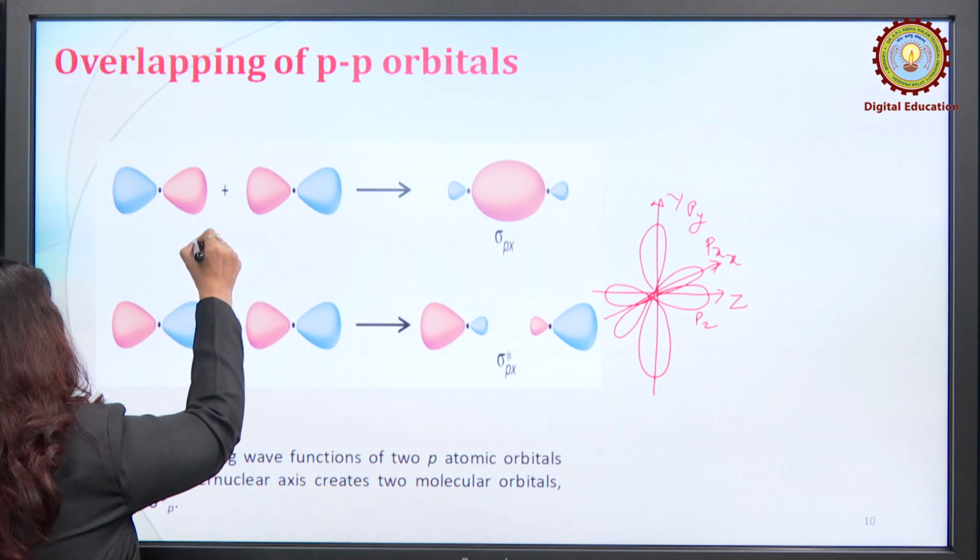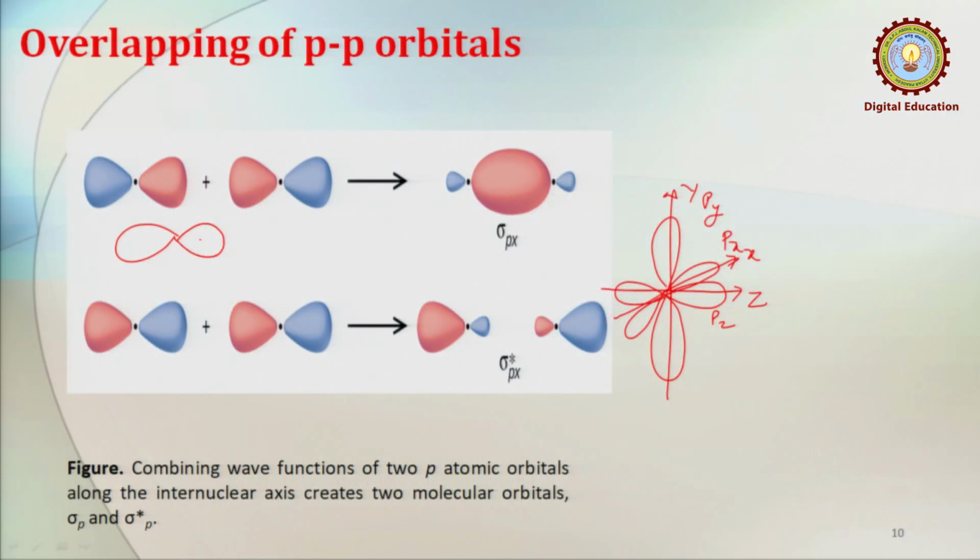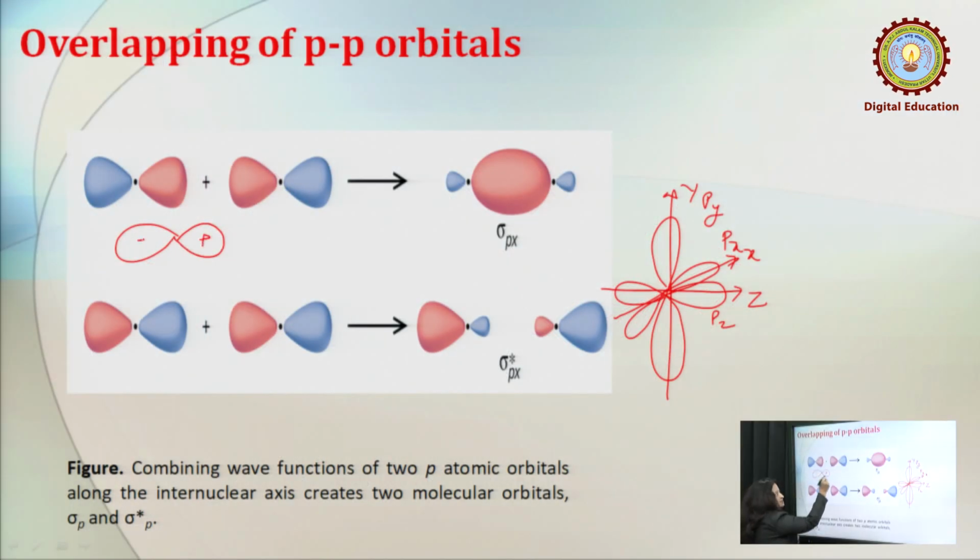For example, I am going to clarify it here. This is plus, this is minus, right, and here you can see this is plus and this is minus. So, what we can find here is that both the overlapping lobes are present in the same phase. So, here it leads to the formation of sigma 2 px.